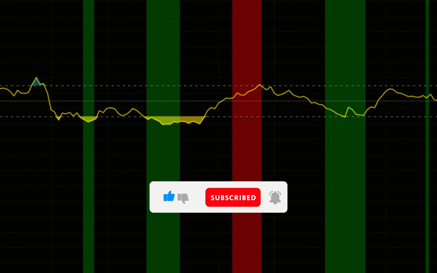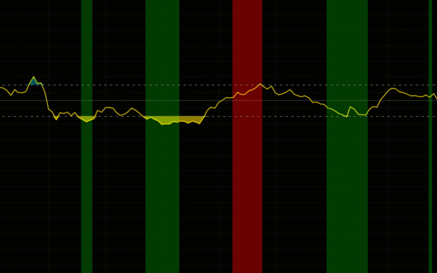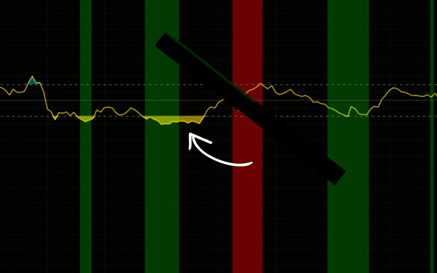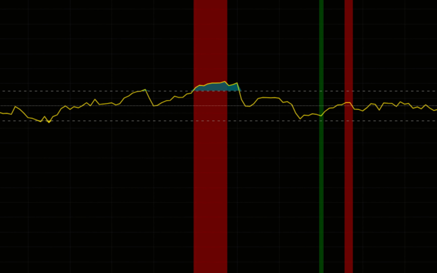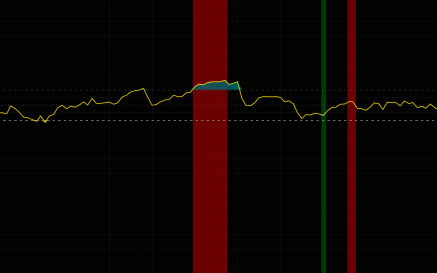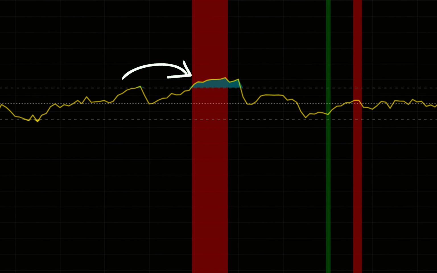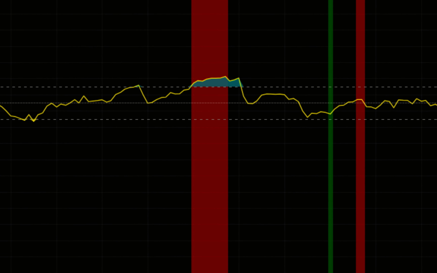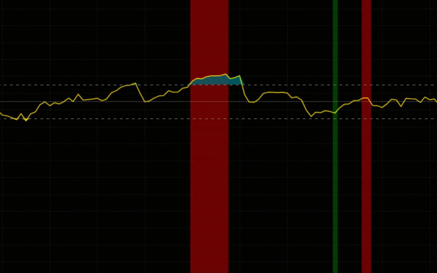If the RSI signal line dips below level 20 and a yellow cloud appears, the RSI is in the oversold zone, confirming a potential buy. Conversely, if the RSI signal line rises above level 80 and a navy cloud appears, the RSI is in the overbought zone, confirming a potential sell.